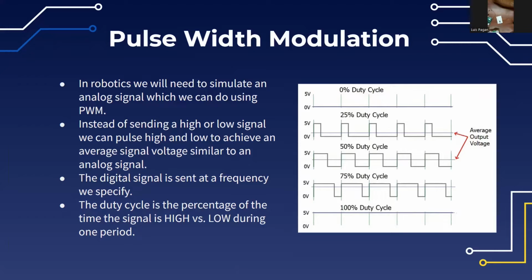The duty cycle refers to how long the signal is on versus how long it's off. Let's say I have a 50% duty cycle: the signal is on for 50% of that period and then off for the rest. If I have 75, it's on for 75% of the pulse and then off for the remaining 25%. 0 means it's off the entire time, and 100% means it's on the entire time.